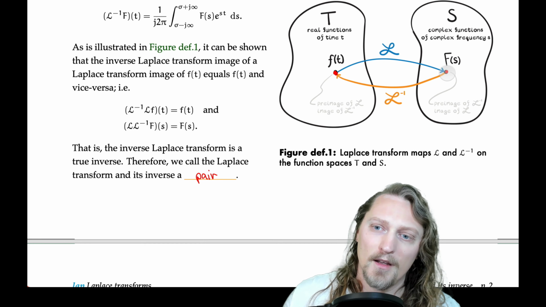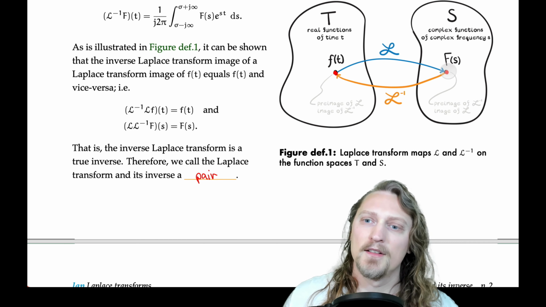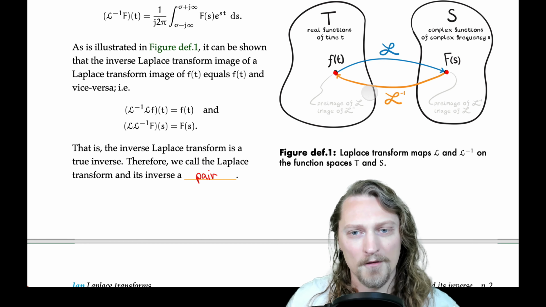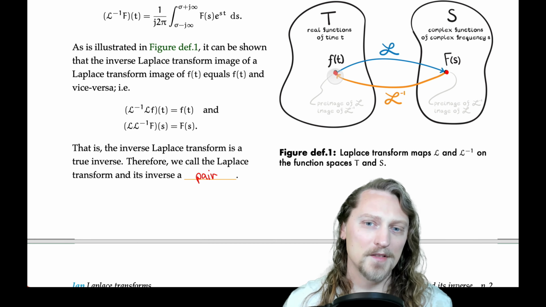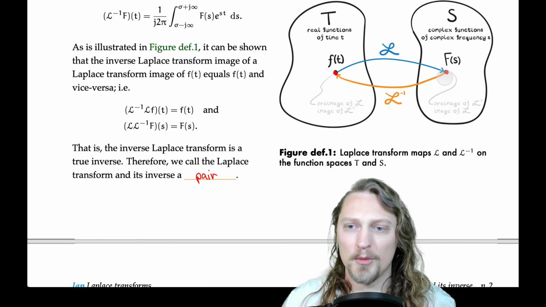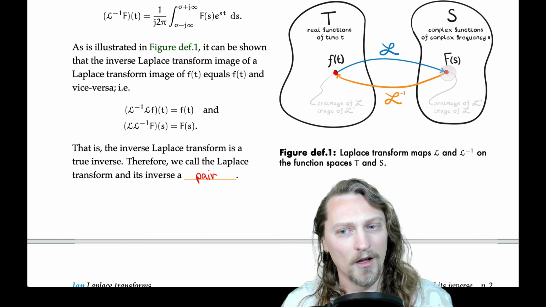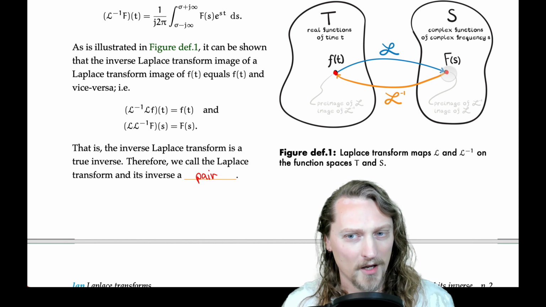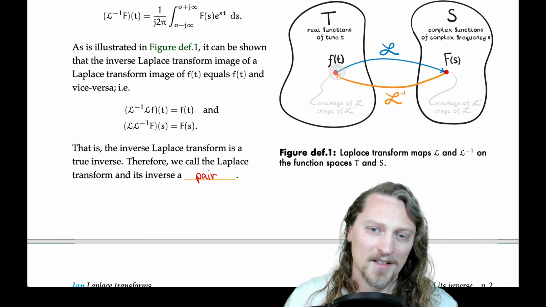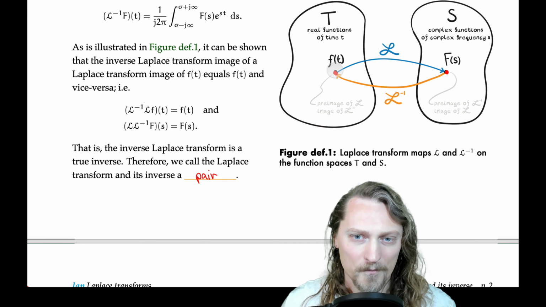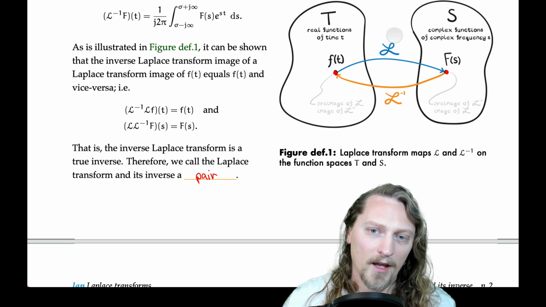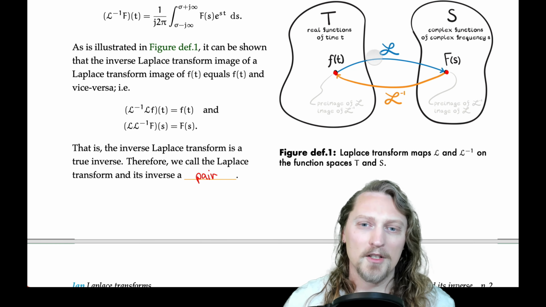Conversely, if you started here at f of s and you took the inverse Laplace transform back to f of t, then you would call this your pre-image of the inverse Laplace transform, and this the image of the inverse Laplace transform.